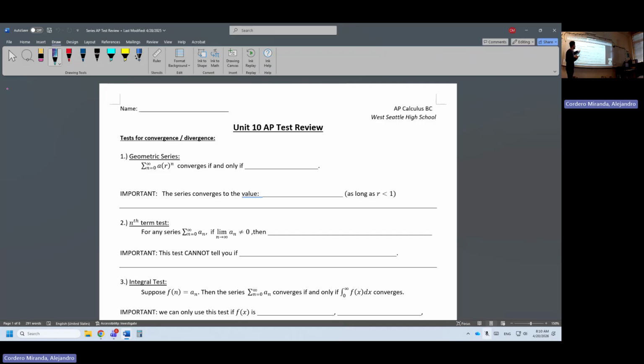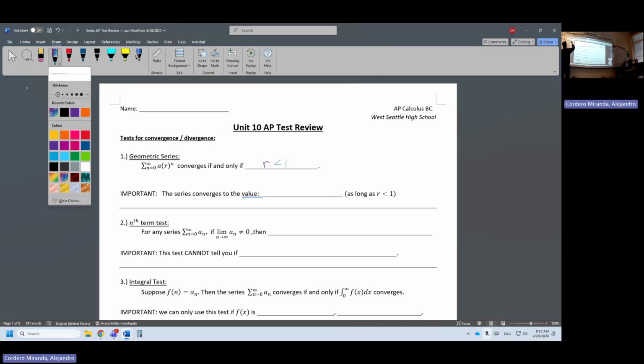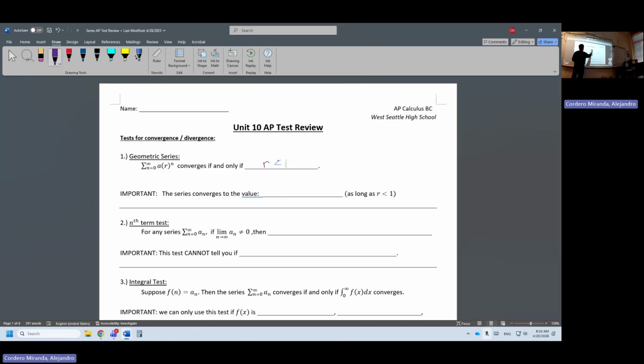Yeah, that's the thing, is that if R is less than 1, then this will converge. I was going to say R is less than 1 just for convenience, but really you could treat it like absolute value of R is less than 1, because then that would include alternating series. But let's just keep it simple and say R is less than 1.